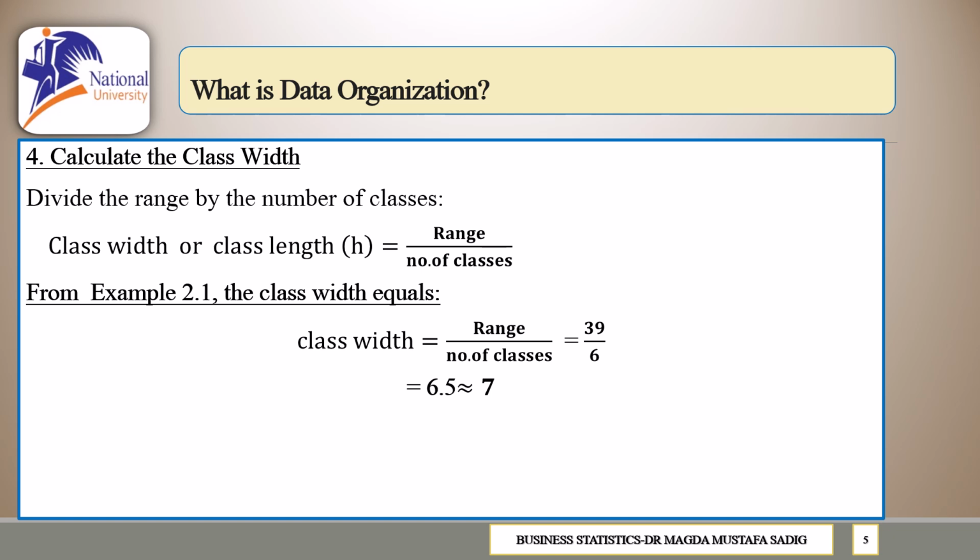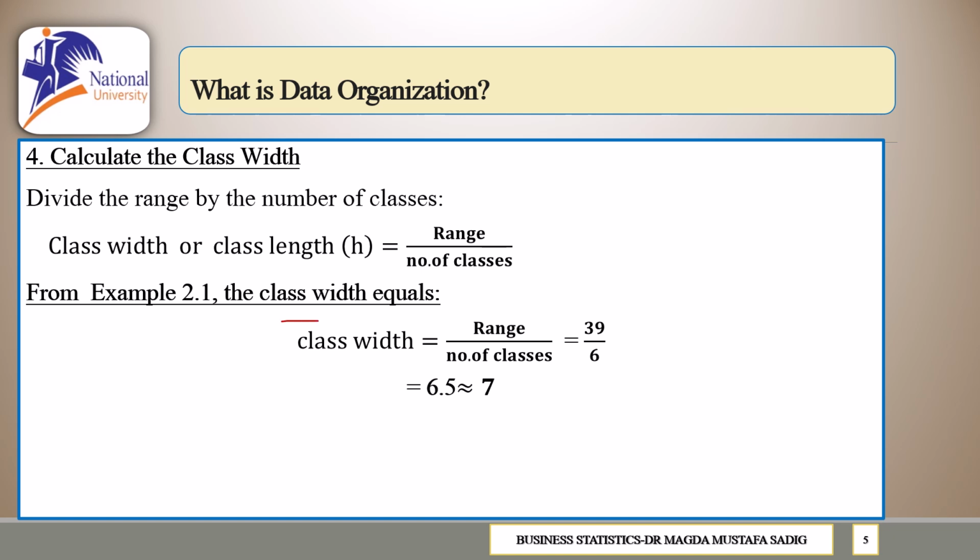For our example, the maximum value is 39 and the minimum value is 0. Therefore, the range equals 39. Dividing the range by 6 gives 6.5. Since class widths are usually whole numbers, we round it, choosing a class width that is easy to use, which makes the table much simpler. So we are going to use 7.